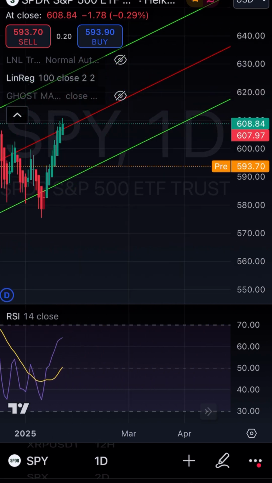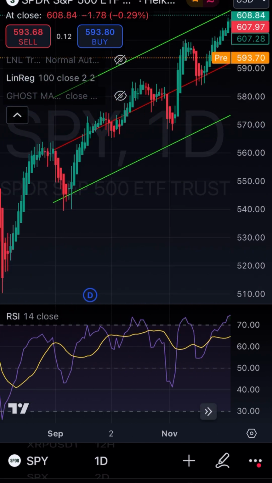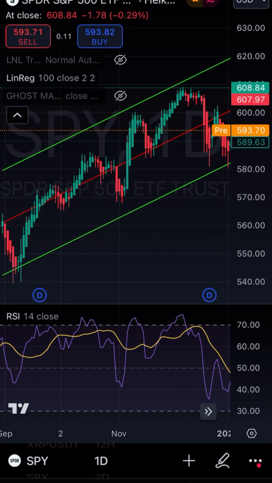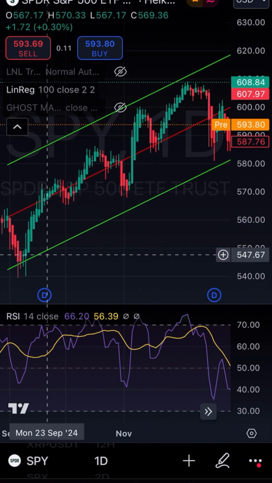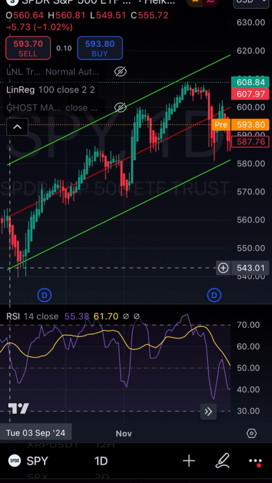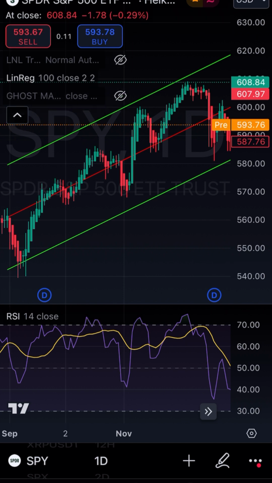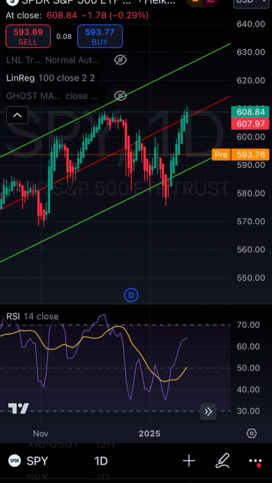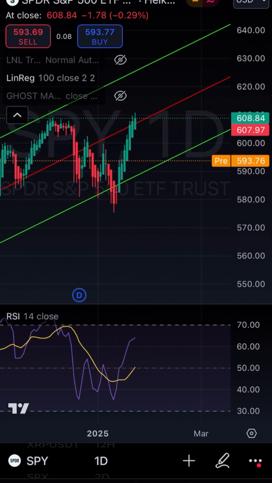We don't want to extend to the left, we just want to extend to the right. Okay. So this will tell you the overall direction. We've been going up with the S&P since September 3rd, 2024. The overall direction is up.